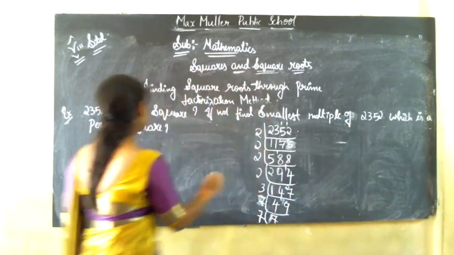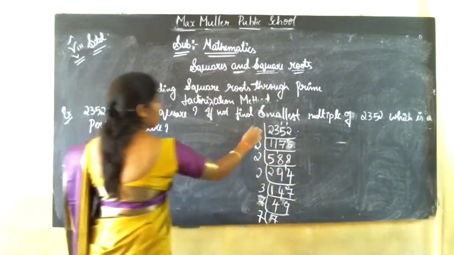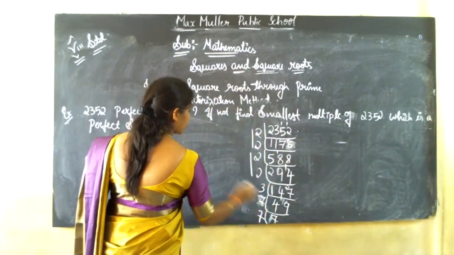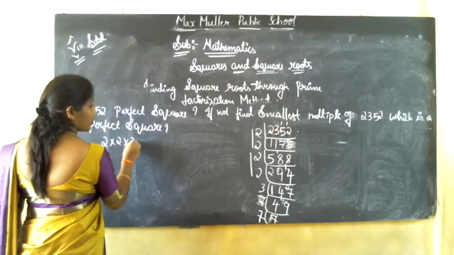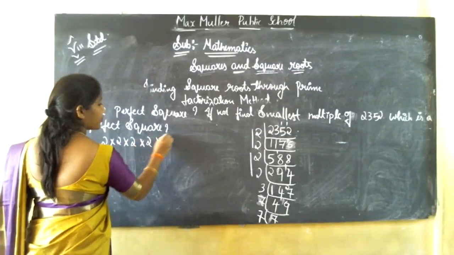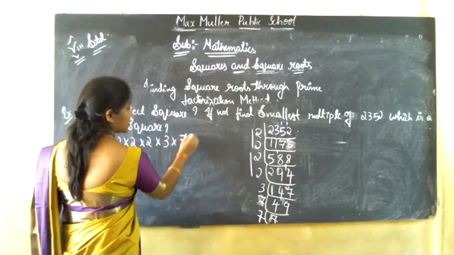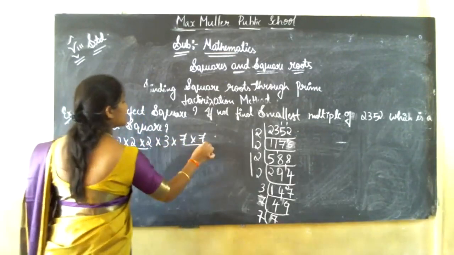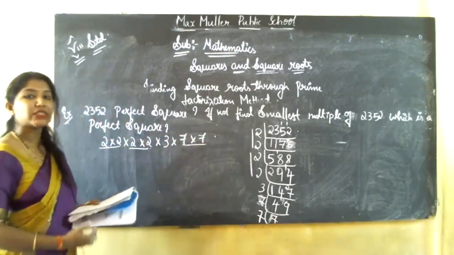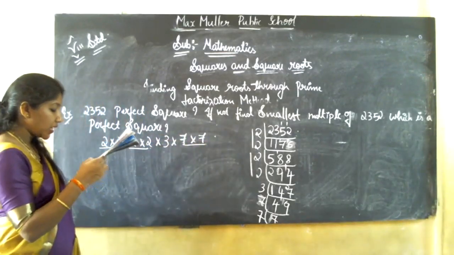So the numbers here are 2 cross 2 cross 2 cross 3 cross 7 cross 7. So 2, 2, 7. There is no pair for the number 3.